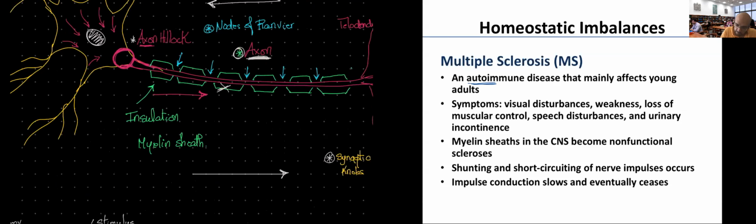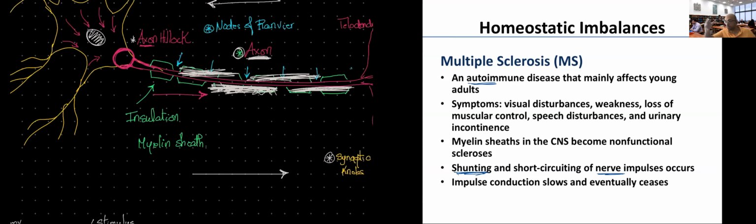If I'm attacking the myelin sheath and this myelin sheath gets replaced by fibrous tissue like this, that's why we call it multiple sclerosis. I lose the insulation. So I will have shunting and short circuiting of the nerve impulses. I've lost this insulation of the axons.